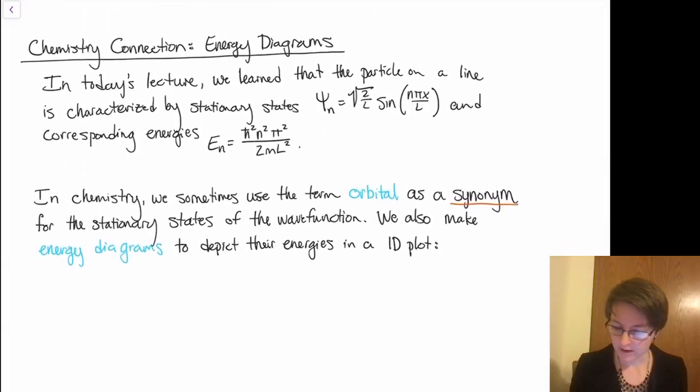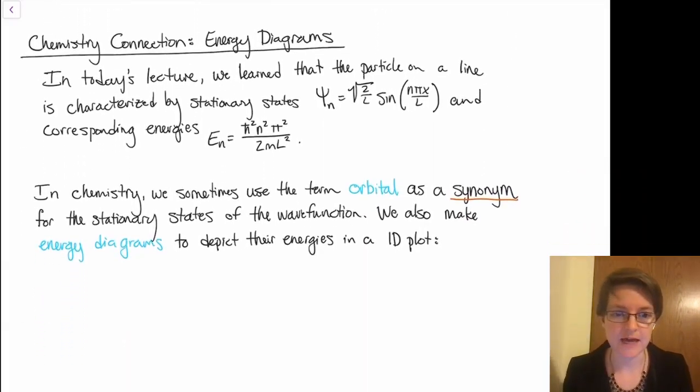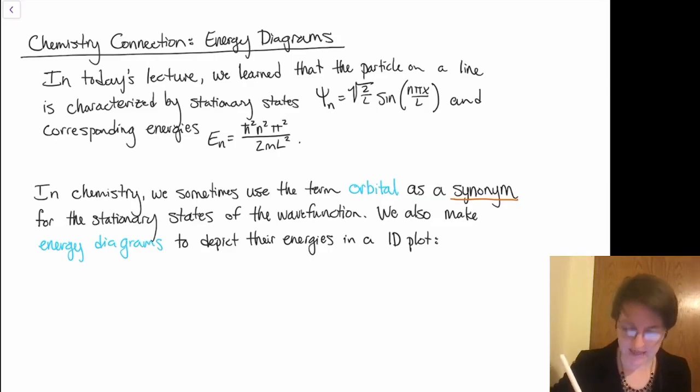Okay, so where I want to end us off for today is making a connection between the math that we talked through today, our wave functions and our energy levels, and energy level diagrams like you've seen in your GChem class. So to recap all of the important equations that we talked about for today, we learned that this particle on a line, this particle that's moving in a one-dimensional potential, is characterized by stationary states.